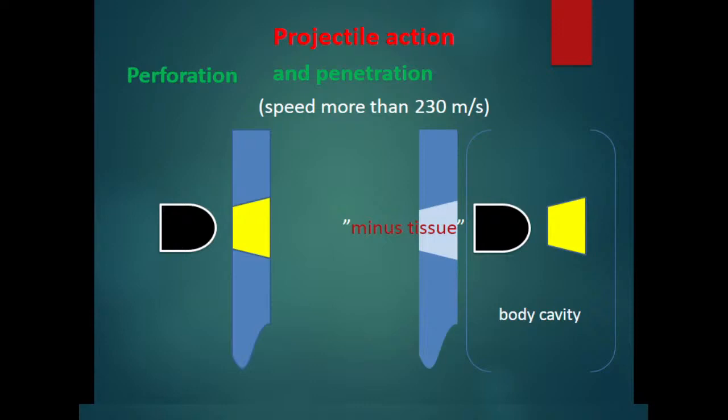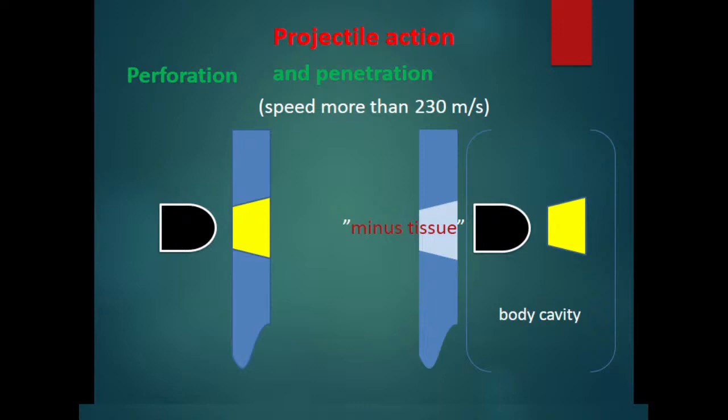So when we examine skin after such an injury, we see no particular part of the skin. It is absent. There is no skin there. And this missing tissue is called minus tissue defect.